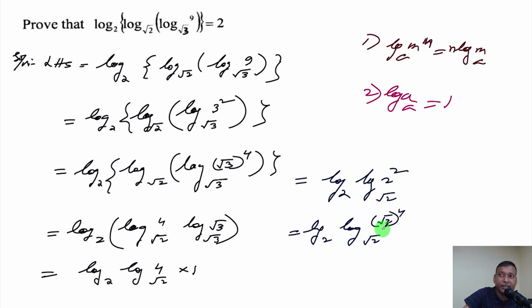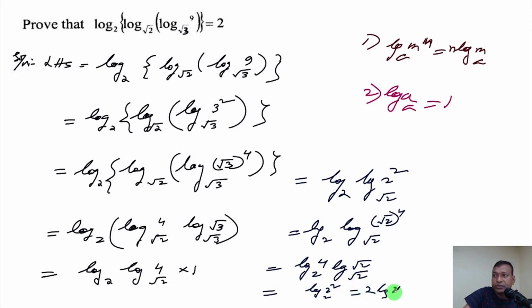Whenever we write root here, just multiply the power with 2. Now this 4 will come here. So this becomes 1, log root 2 to the base root 2 is 1. 2 square to the base 2 and this one will be 1, so no need to write 1. So this 2 you bring before, and 2 into 1 is 2. So this is the right hand side.